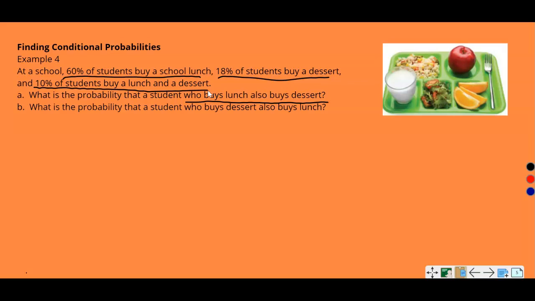All right, so the first thing we need is who buys lunch. So let event A equal buys lunch.